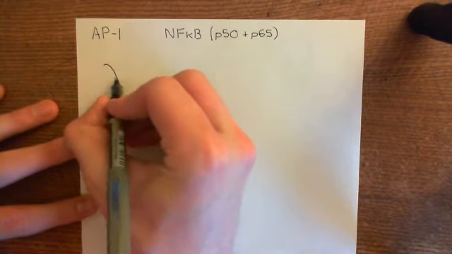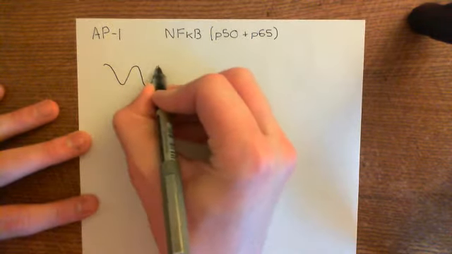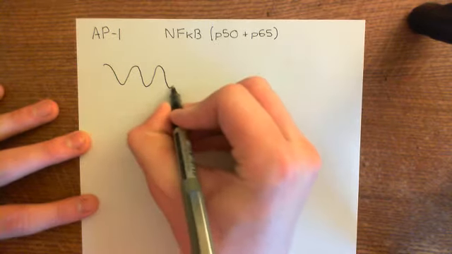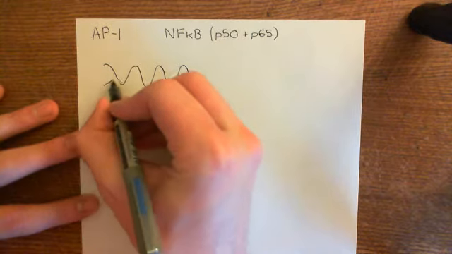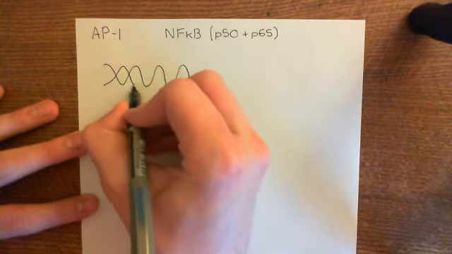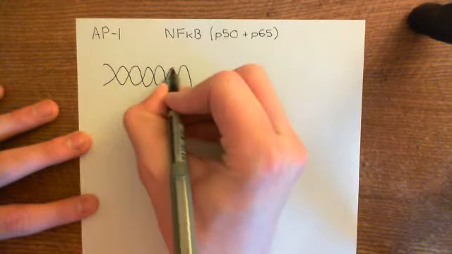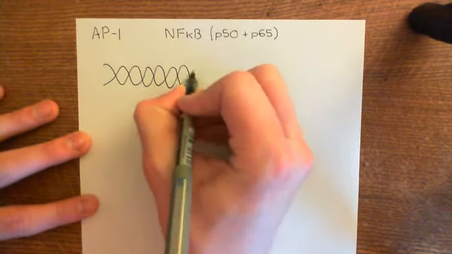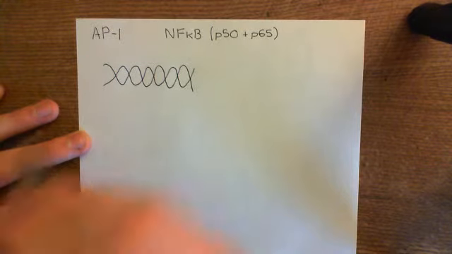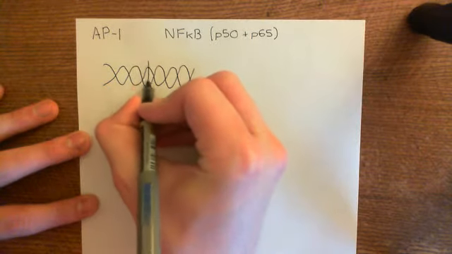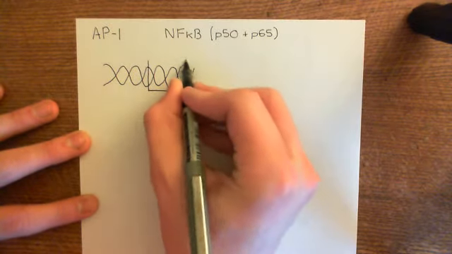If we have a piece of DNA here, basically in all eukaryotic cells, upstream of every gene within the DNA of those cells, you have what's known as a promoter region. This promoter region is not part of the DNA that will actually be translated into protein. However, it is very important for controlling the expression of the downstream gene.